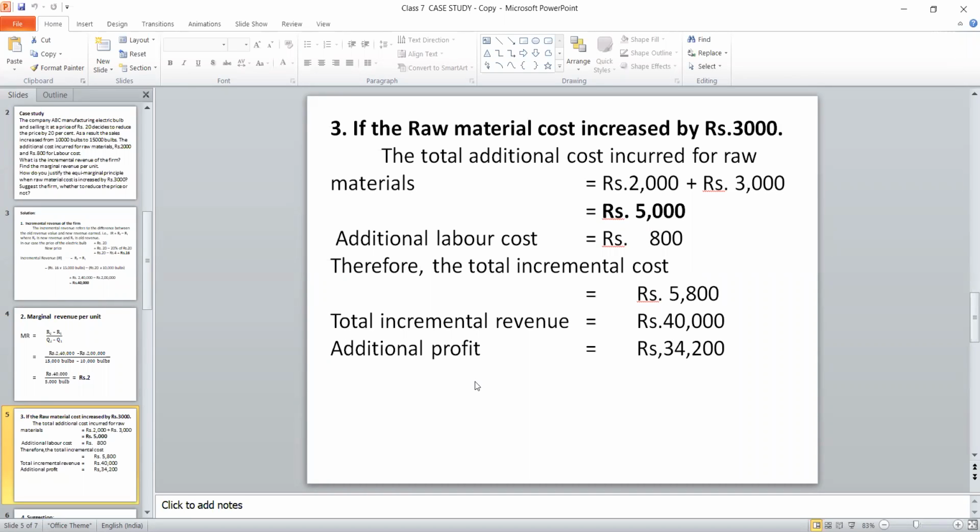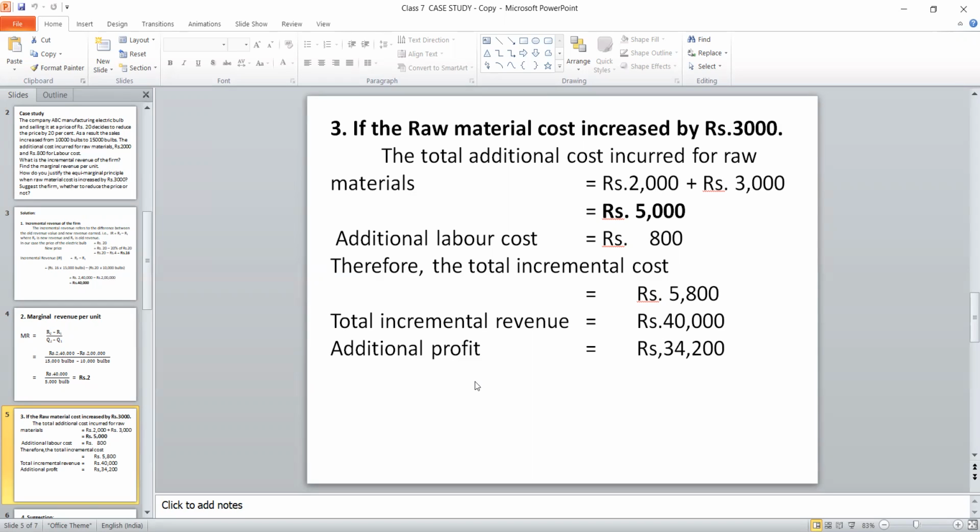Now there is an increase in the raw material cost, so it is 2,000 plus 3,000, it is 5,000. Then what we paid for labor, it is 800. What is the total incremental cost? It is 5,800. The total incremental revenue we already calculated in the first question, 40,000 rupees. What is the additional profit that we can earn from 40,000? Reduce the total incremental cost, 5,800. So the remaining value is the additional profit.